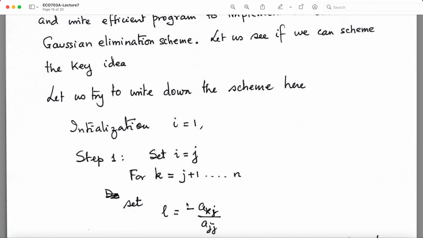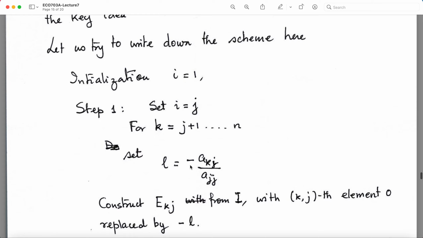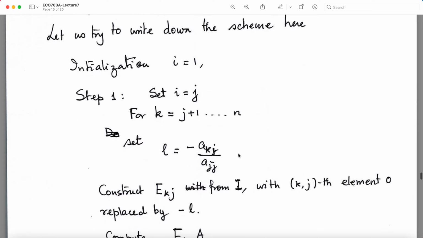So when I come to position j, the jth row, jth column, I am at the diagonal element. After the diagonal element in the column, there are elements in the j plus 1 position, j plus 2 position, up to the nth position. So what do I have to do? I have to set, as we have seen earlier, minus akj by ajj.